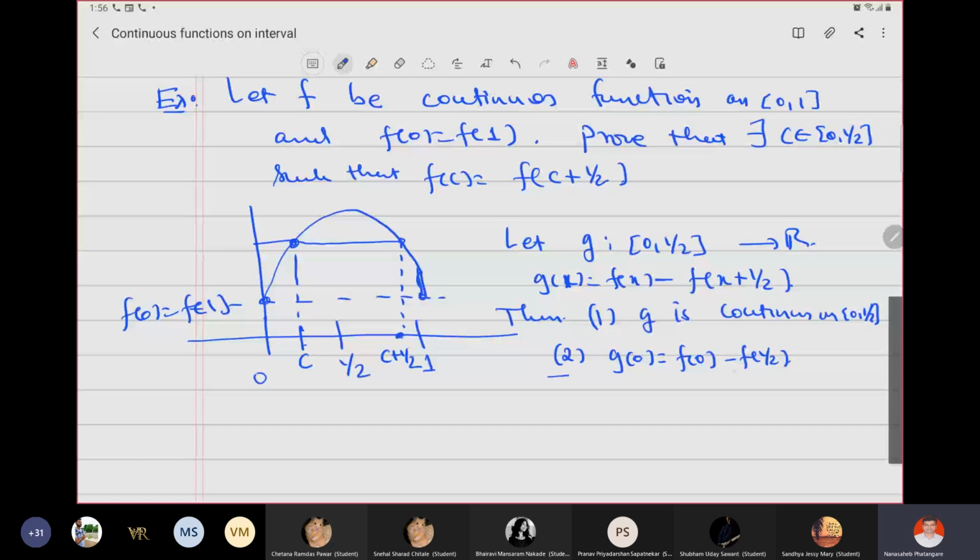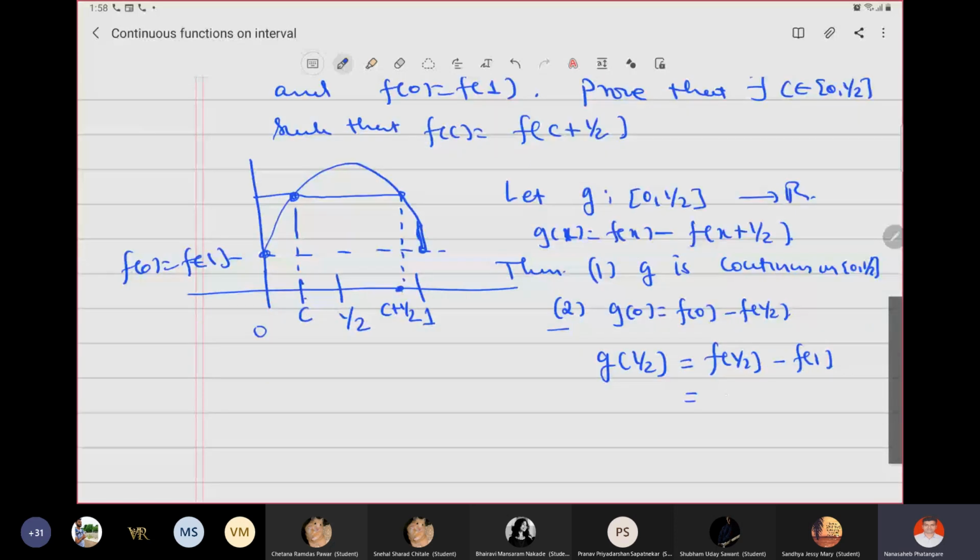But f of 0 is the same as f of 1, so g of half is f of 0 minus f of half. So therefore g of 0 is f of half minus f of 0, and g of half is f of 0 minus f of half.